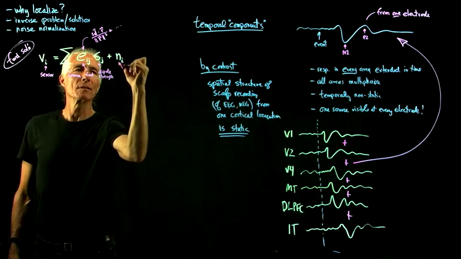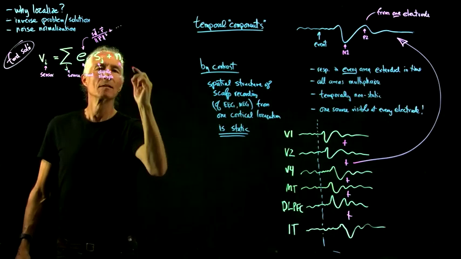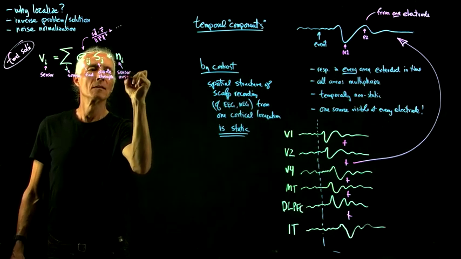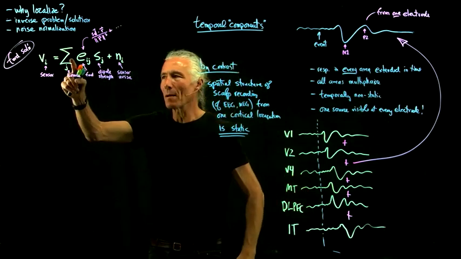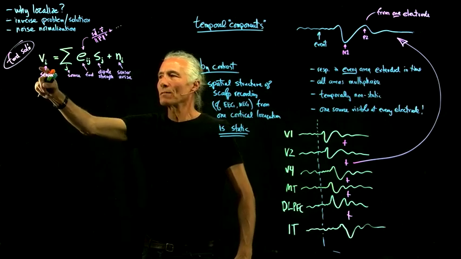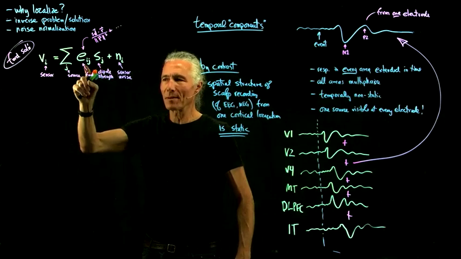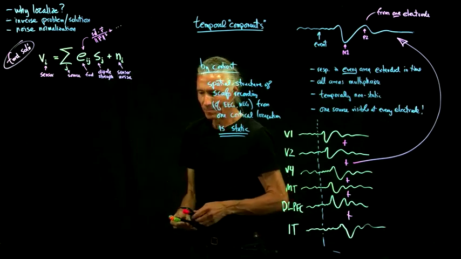And this is the noise, sensor noise. So the linear part means that we can just sum. So for a given sensor, it's just the sum of all the sources multiplied by their weights. So it's very simple, mathematically very simple.